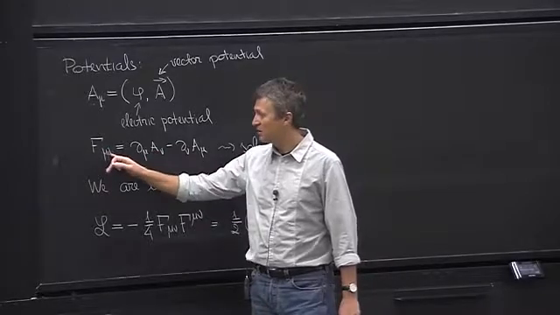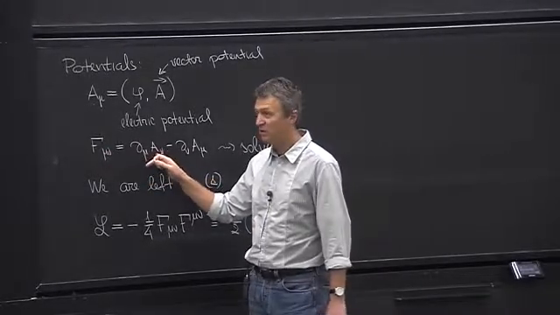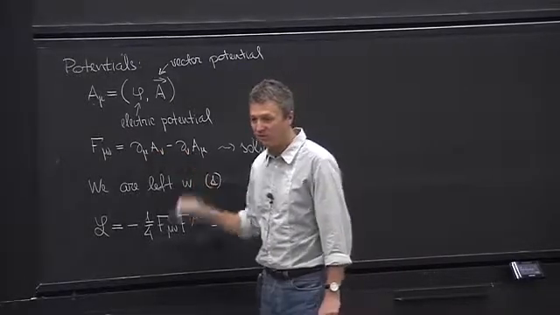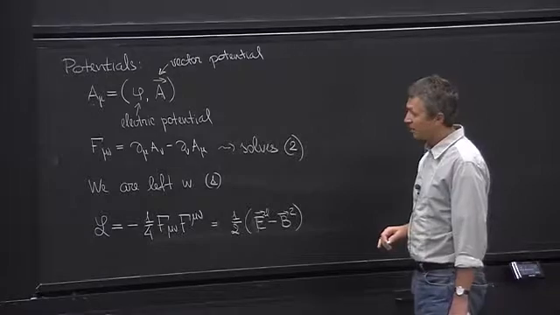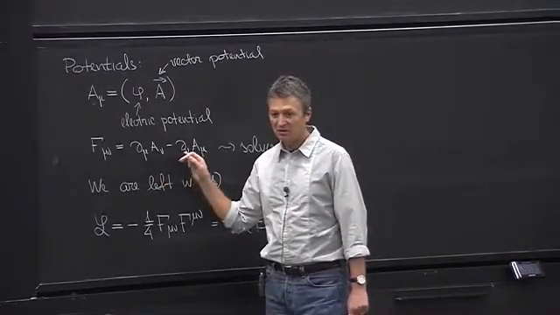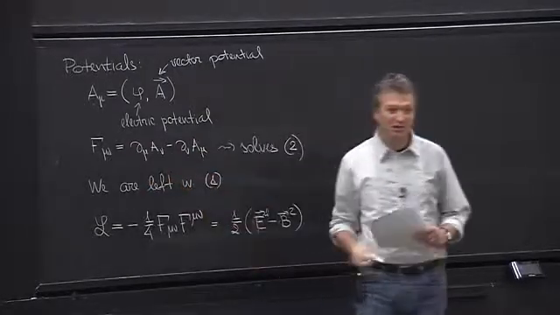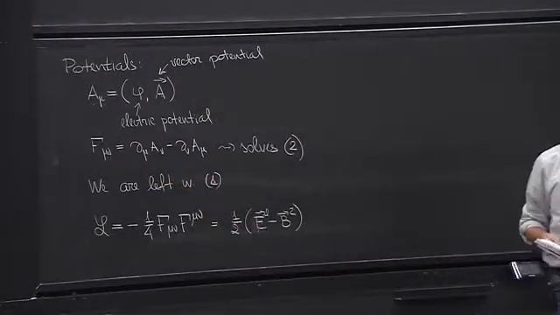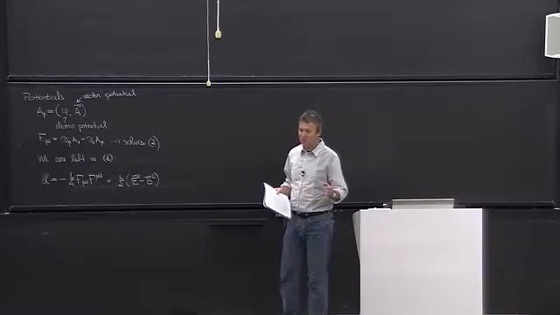So F_i0, which is the electric field, is d0 A_i minus d_i A0. And so just by construction, it enters only with spatial derivatives. So there is no time derivative of A0 in the Lagrangian.